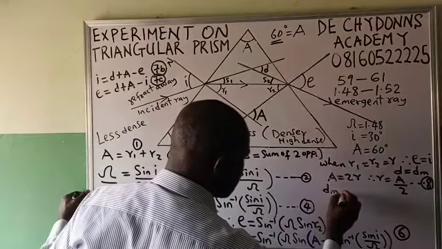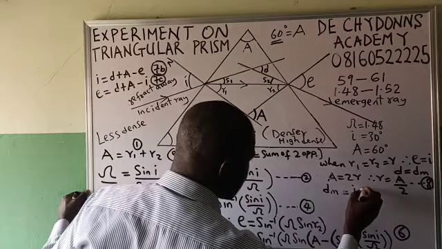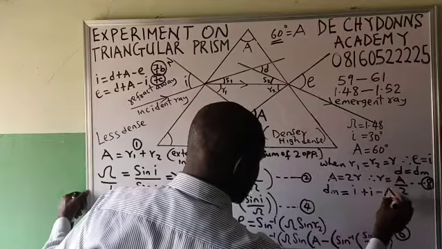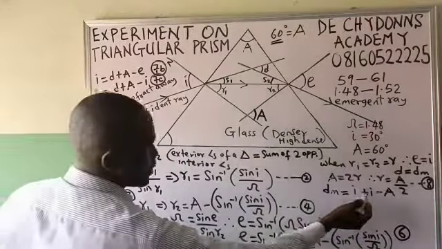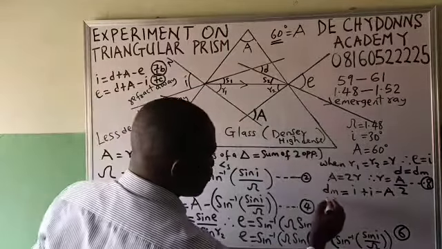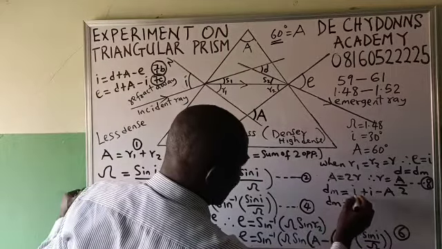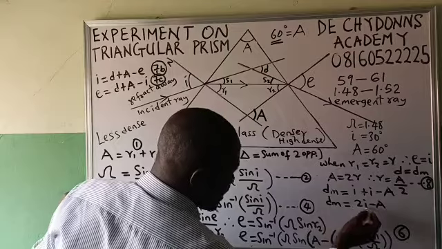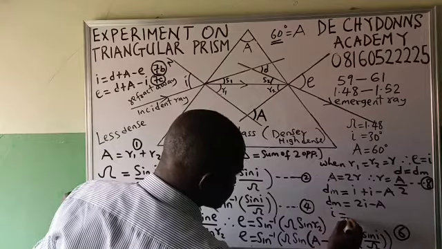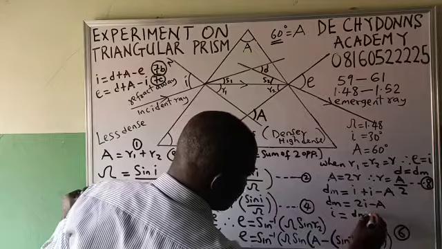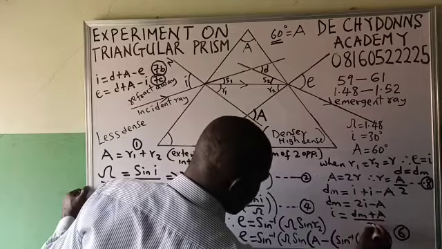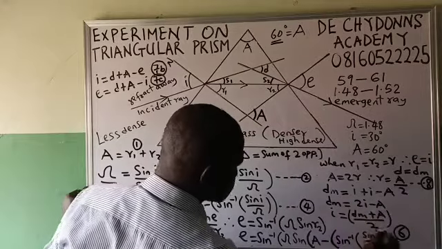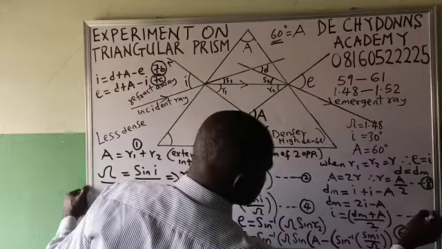So minimum deviation equals I plus I minus A. I've replaced the E with I. Then minimum deviation is equal to I plus I, 2I minus A. Therefore, making I the subject of the formula, I will be equal to (Dm plus A) all over 2. We know what our A is, 60 degrees, and so on. We call this equation 9.